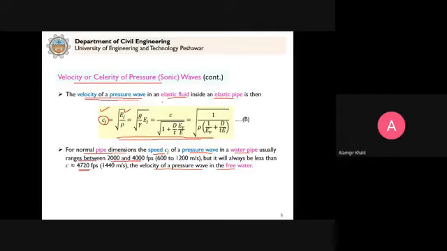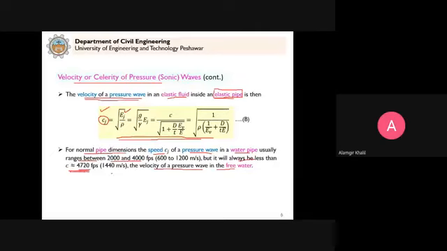When the pipe is treated as elastic, the pressure wave velocity will be reduced. Depending on the situation, it can range between 2000 to 4000, but it will always be less than this value.